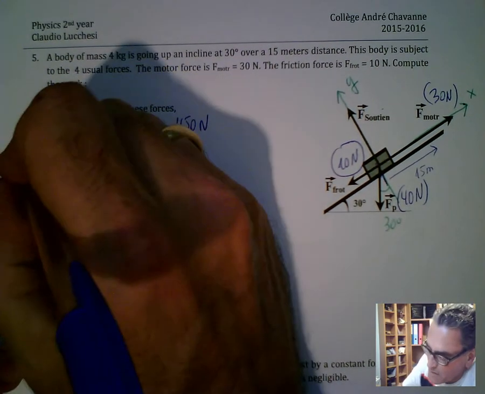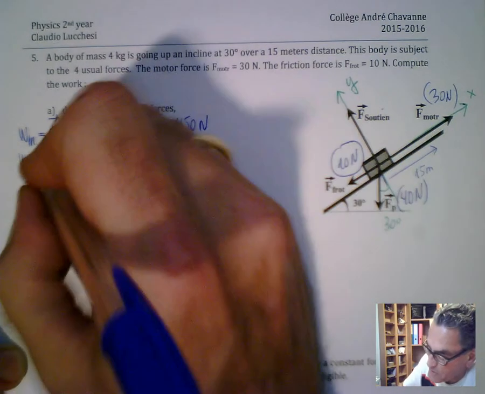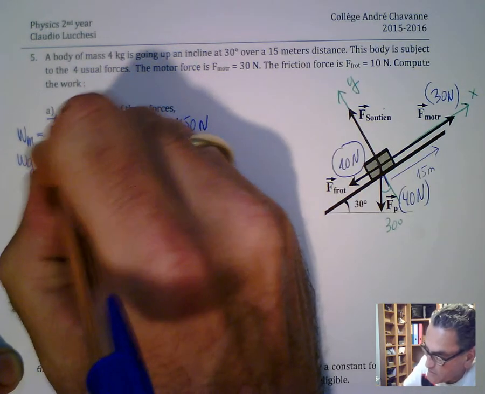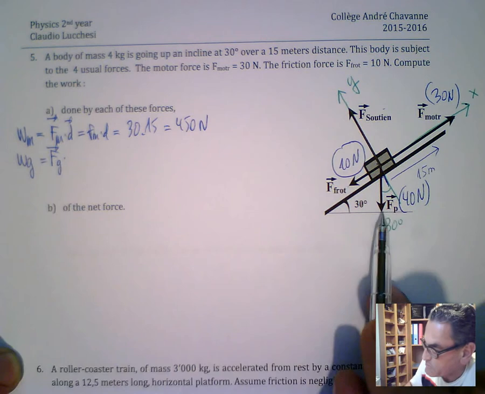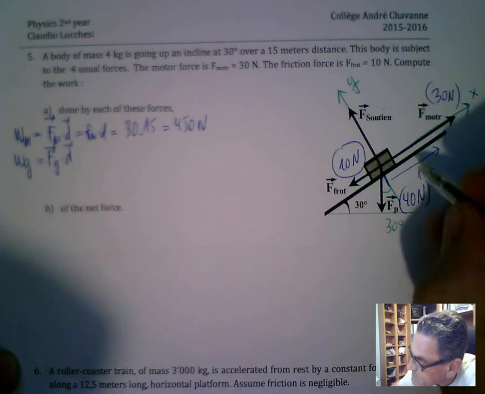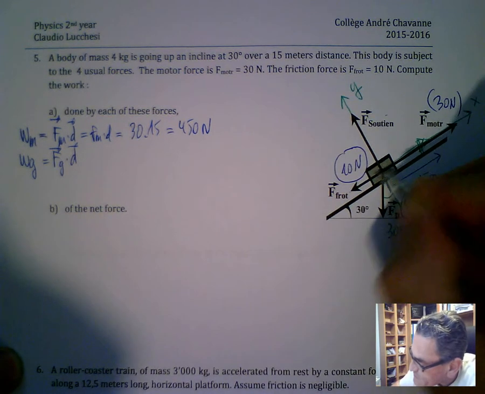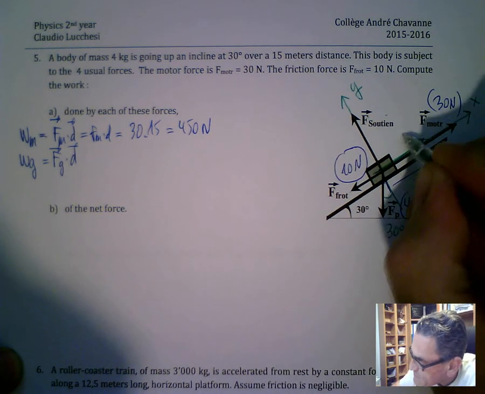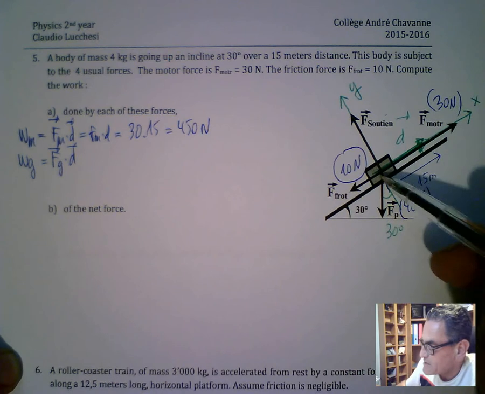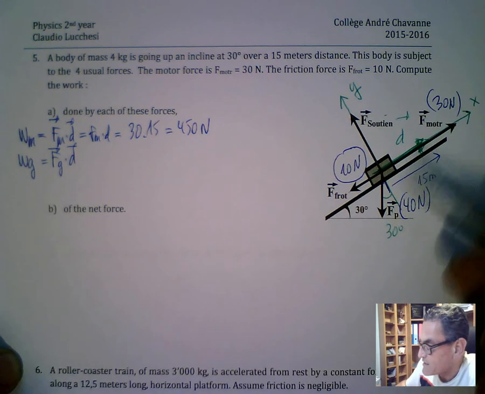Then what about the work of the gravitational force? Be careful here. This is the scalar product of the gravitational force with the distance, but now the distance is a vector which is here somewhere. This is the vector d. This vector has a length of 15 meters and it follows the x-axis.